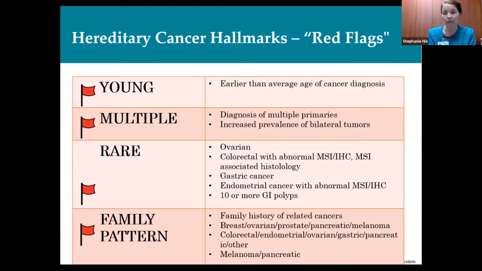By themselves, those are now red flags. So if I have breast cancer and I have one very close relative that has pancreatic cancer, I qualify for genetic testing. So we look at this whole picture, and that's why a good family history is important. We want to get that detail about the family history and confirm the pathology of the cancers that we're talking about.